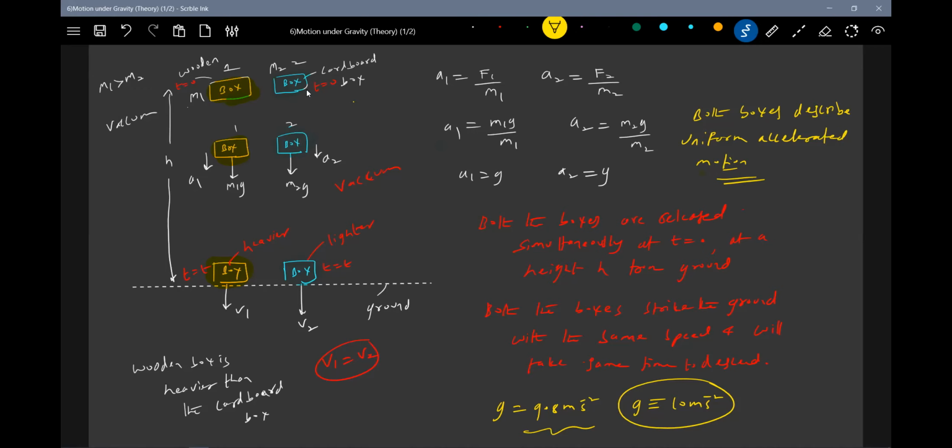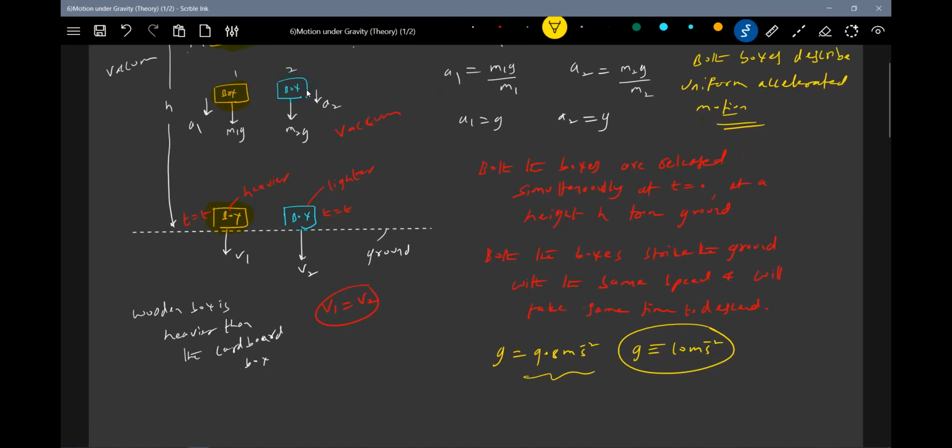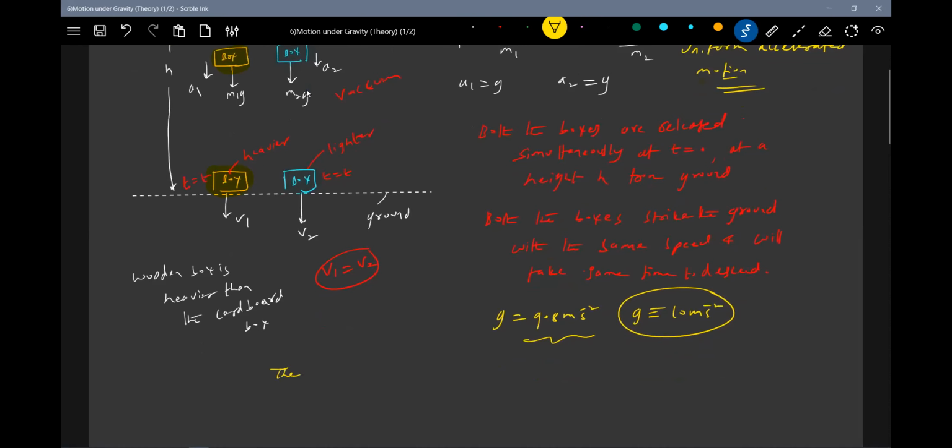I need not apply it; the gravity itself will provide it. So let us write one more thing: the gravitational attractive force acting on the body produces the acceleration for the body.